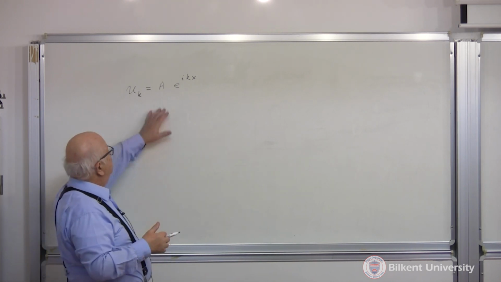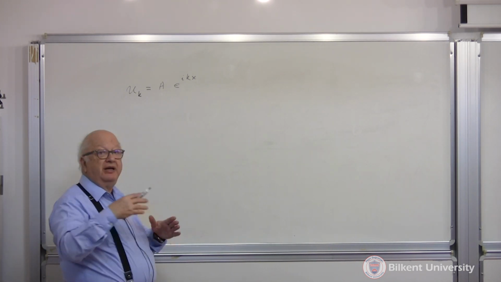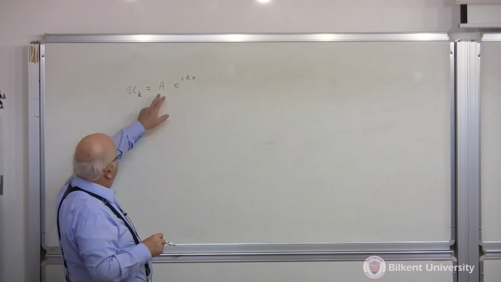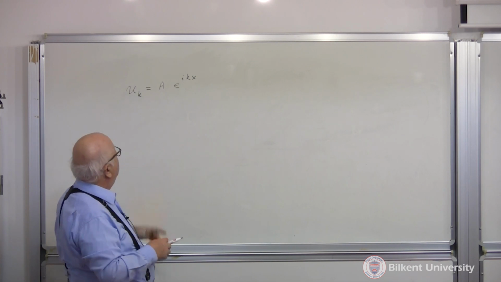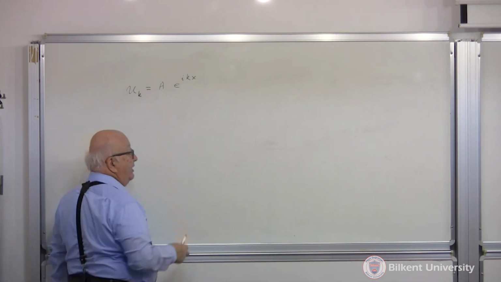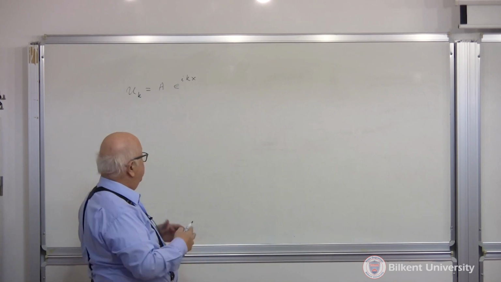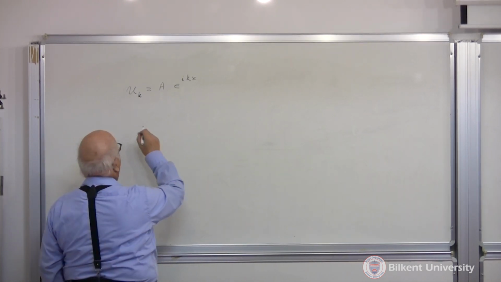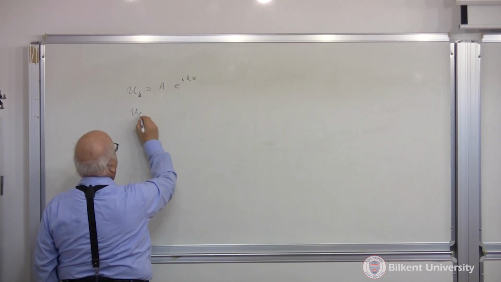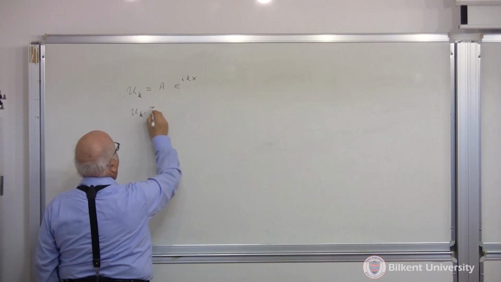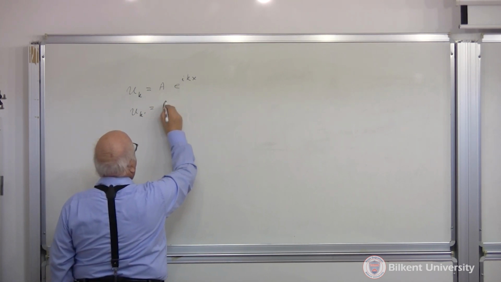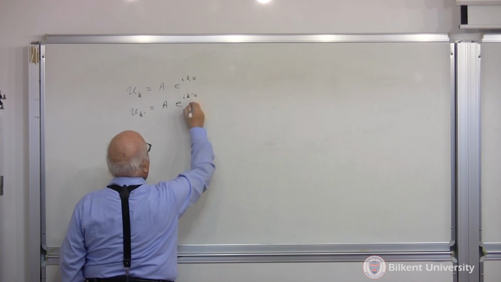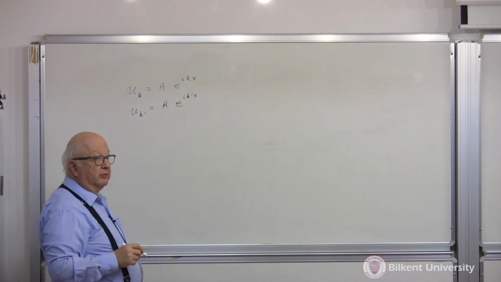And we interpreted it as being related to the probability current. But now we are going to actually give this thing a value so that it is properly normalized in order to satisfy some orthogonality. So if I have some other function, k prime, that is going to have the form e to the i k prime x.